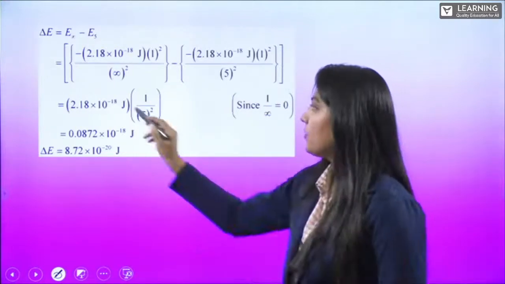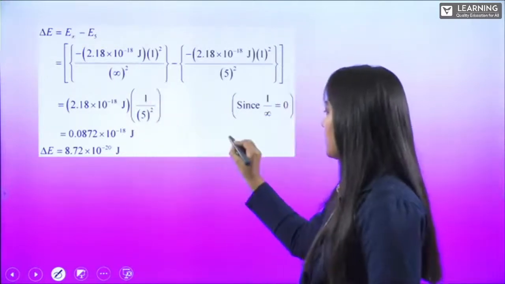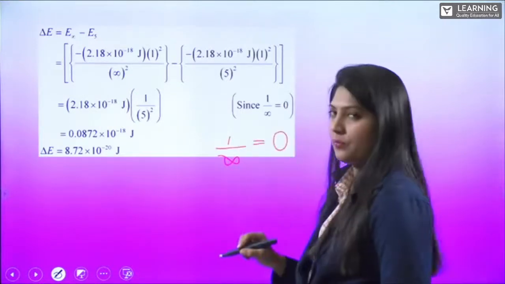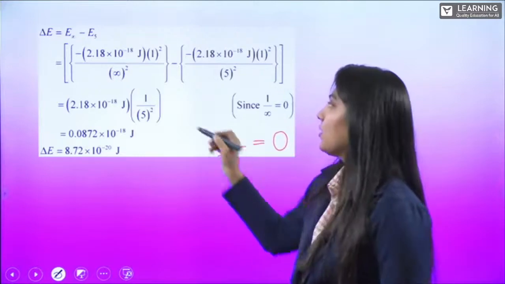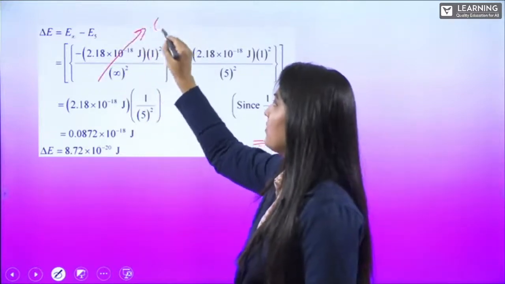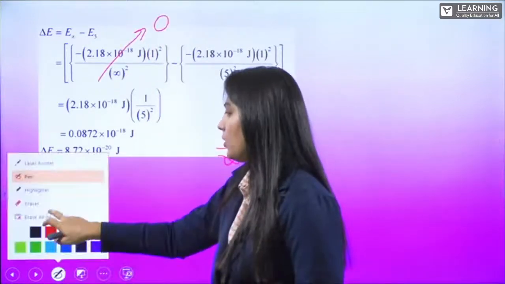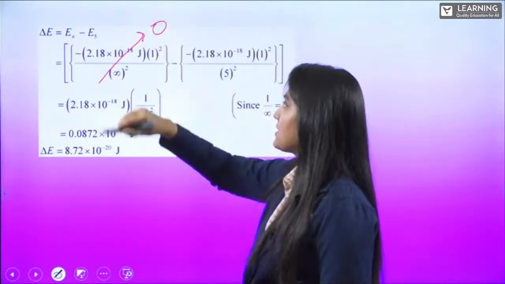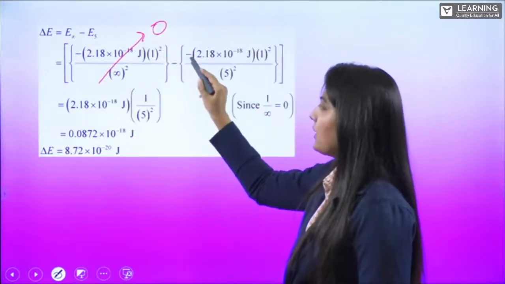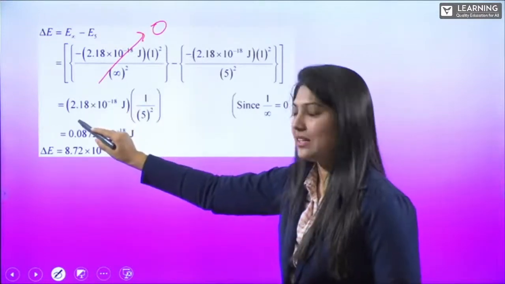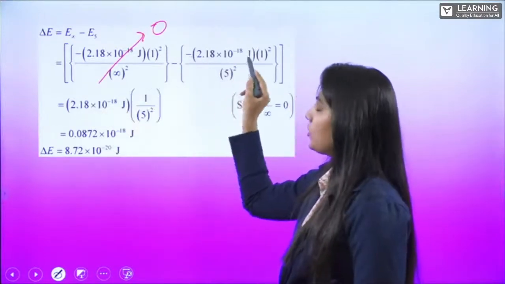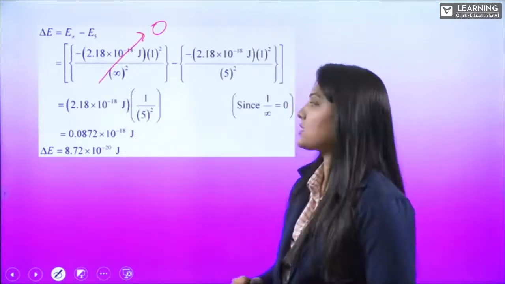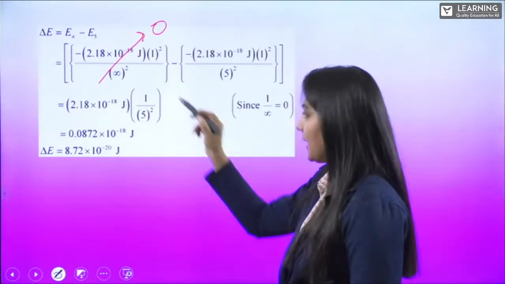And here we know that 1 divided by infinity is equal to 0. So since it is 0, this value will be 0, and we know minus into minus is plus, so you don't have any charge here. 2.18 into 10 raised to minus 19 into 1 by 5 square.